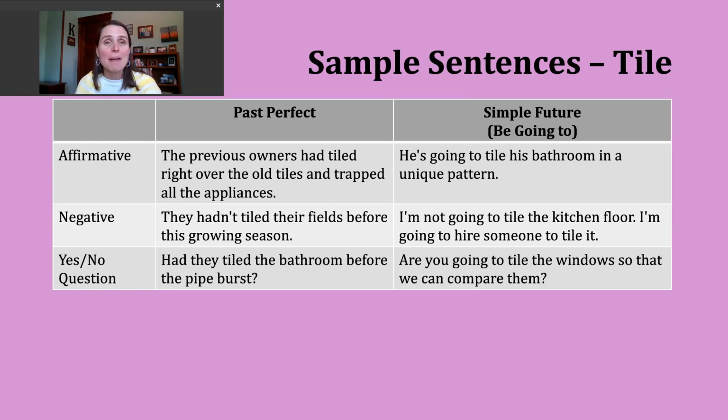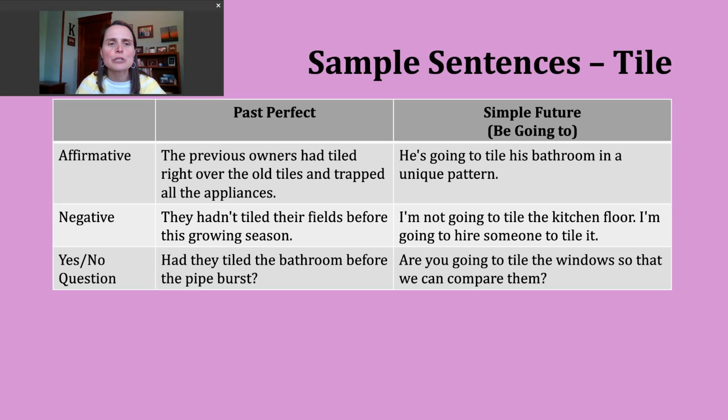To form the past perfect, my pattern is going to stay the same no matter what the subject is. So in the affirmative, I would start with the subject. I would use the past form of have, that's had, H-A-D, and then I'm going to use the participle form of the verb.